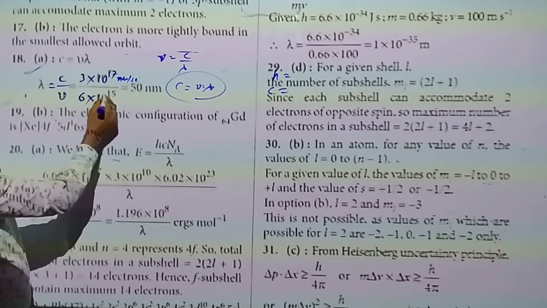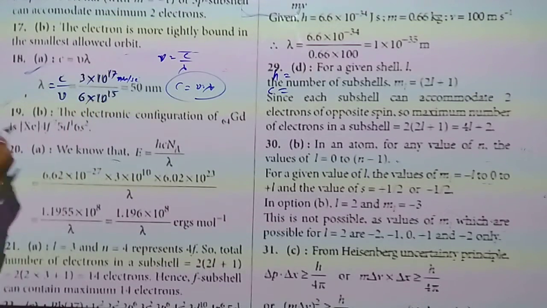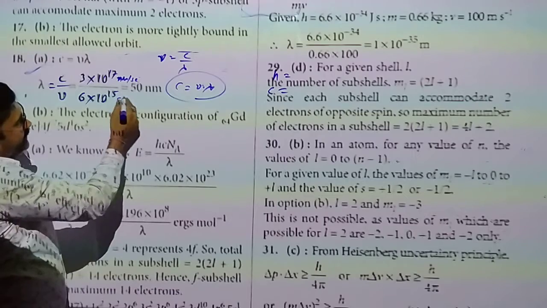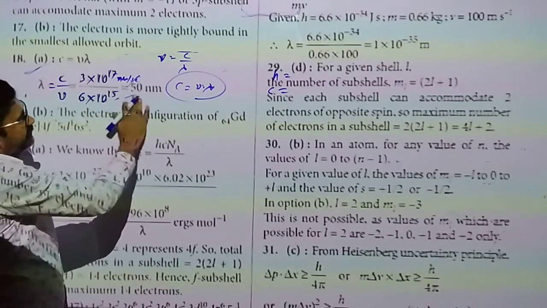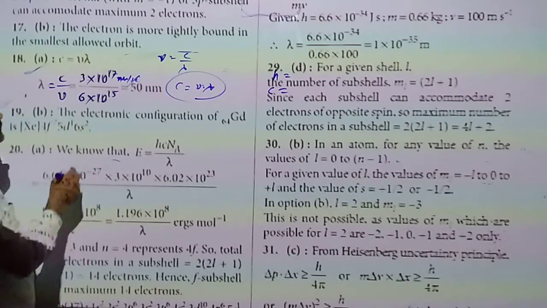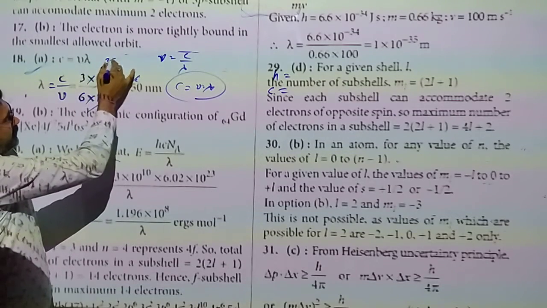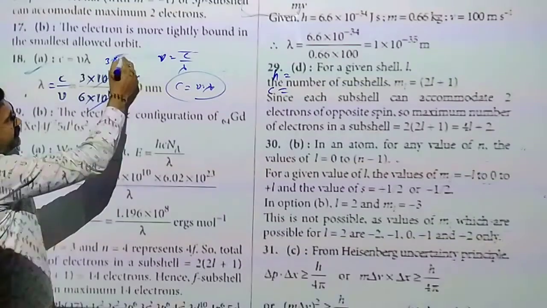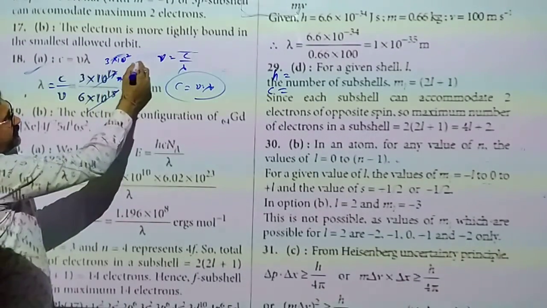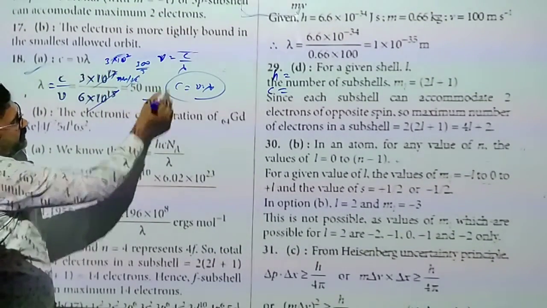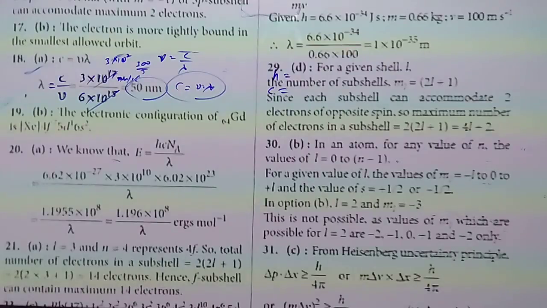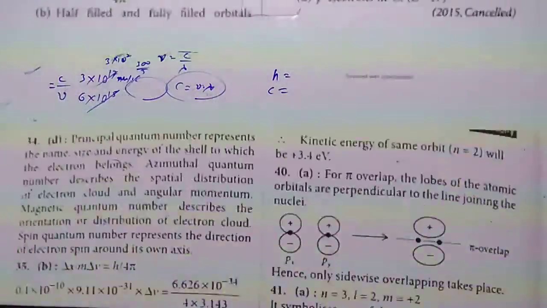Frequency is 6 into 10 raised to 15 second inverse. So 10 raised to 15 cuts, remaining 2. So 3 into 10 raised to 2 means 300. 300 divided by 6 gives 50 nanometer. This is our answer.